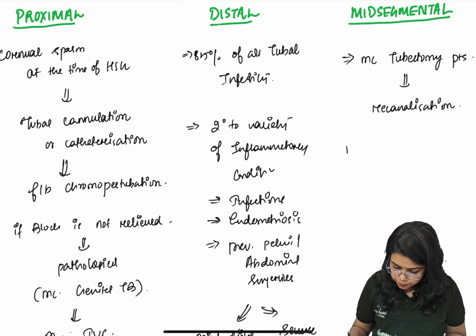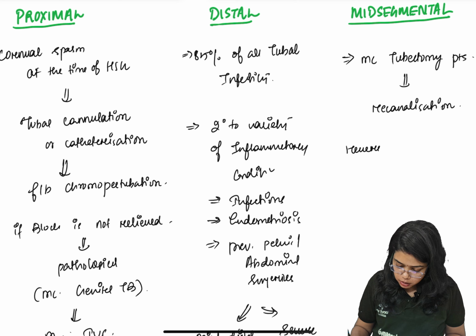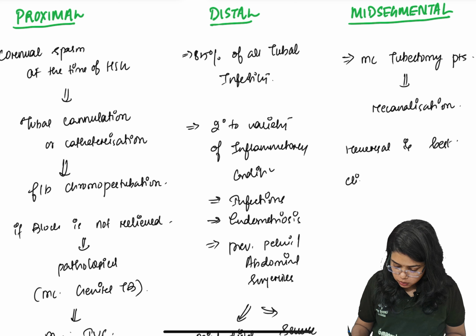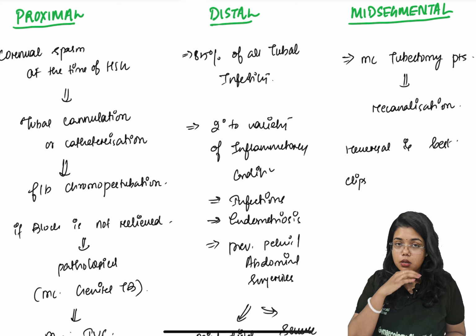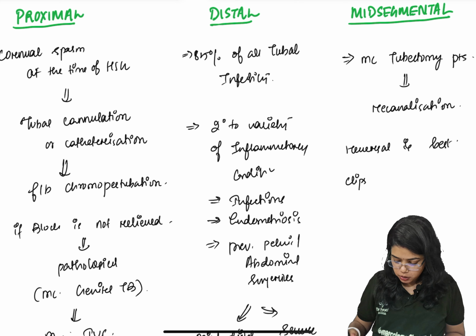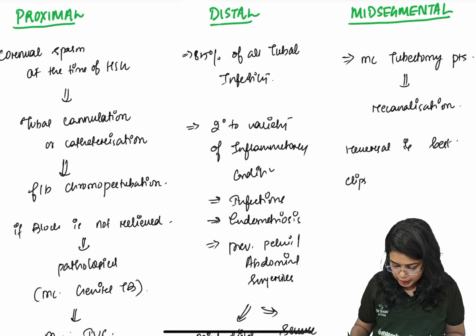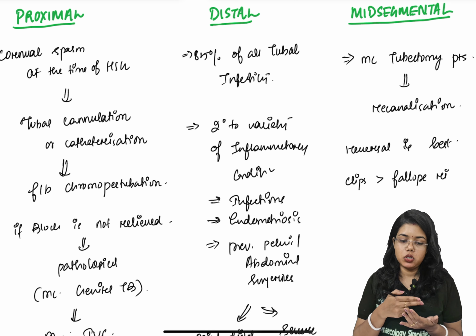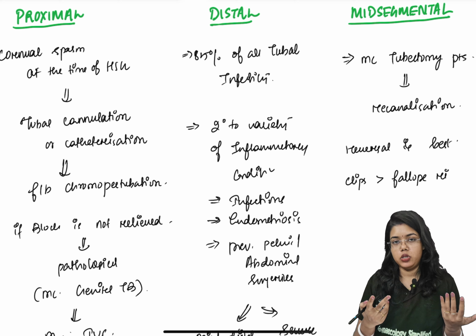So reversal is best when the previous tubectomy was done by clips. Then second best is by the fallope rings, because if previously clips were given, we just remove the clips and then the blockage is gone.